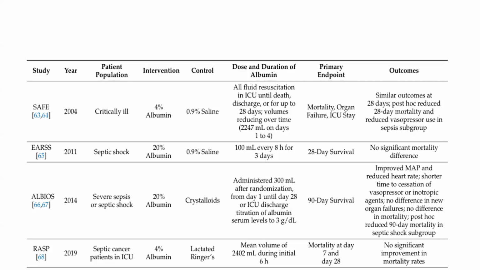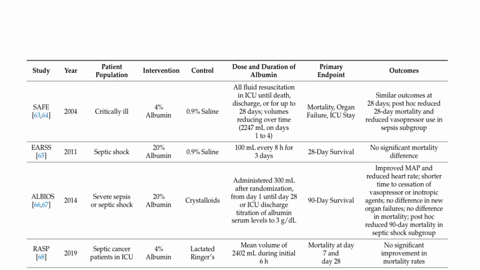It compared 20% albumin and crystalloid, and it showed improved mean arterial pressure, reduced heart rate, and shorter time to cessation of vasopressor and inotropic support, but no difference in organ failure and mortality, and a post hoc reduced 90-day mortality in the septic shock subgroup.